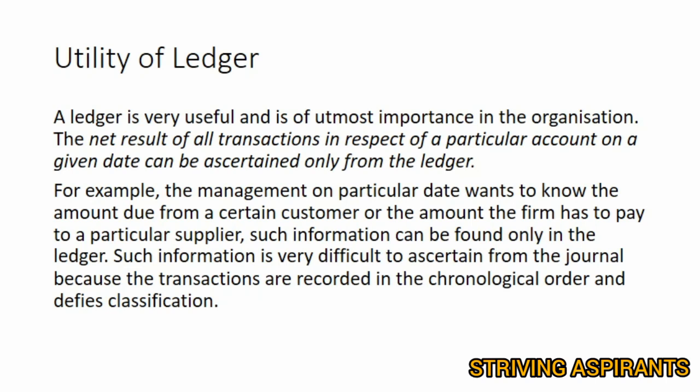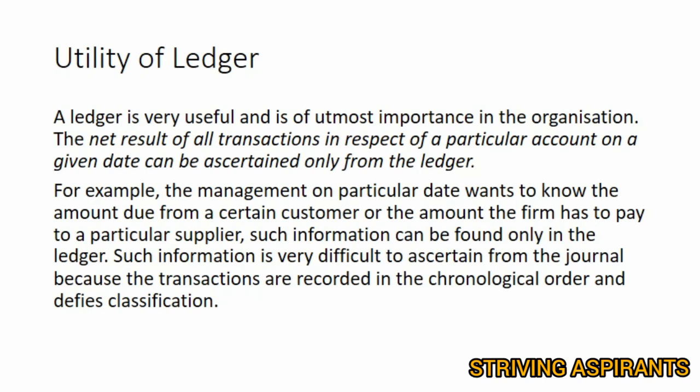So, what is the important utility of the ledger? The net result of all transactions in respect of a particular account on a given date can be ascertained only from the ledger. For example, management needs to know the amount due from certain customers, or the amount we have to pay to particular suppliers.